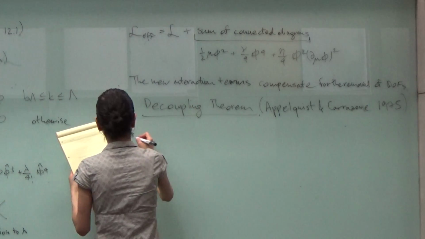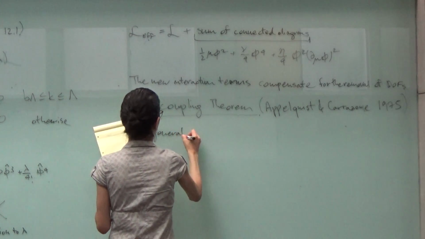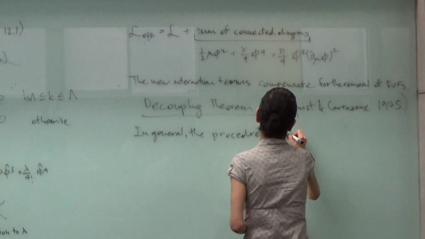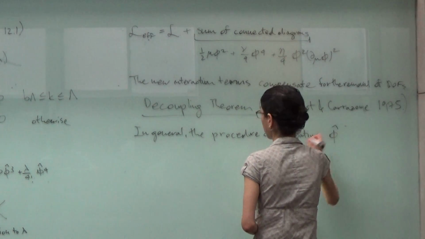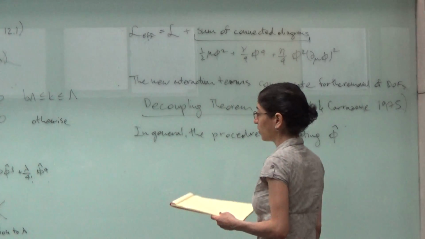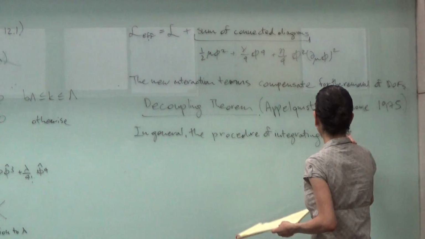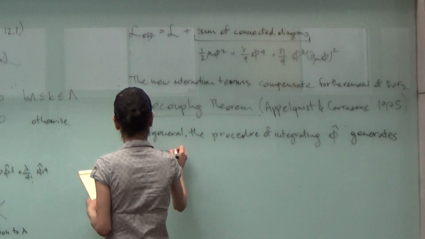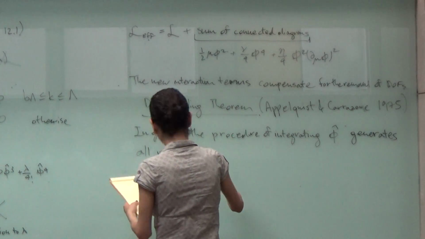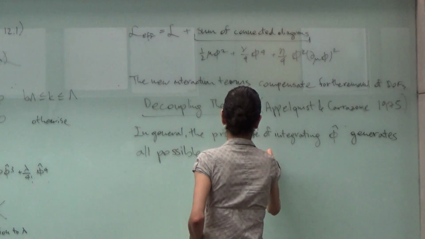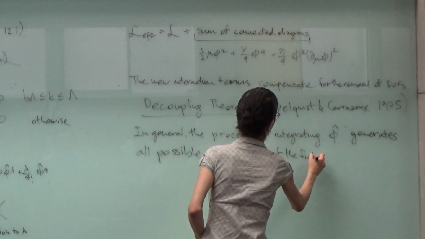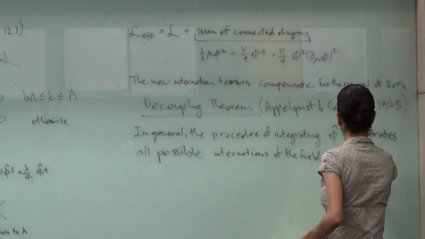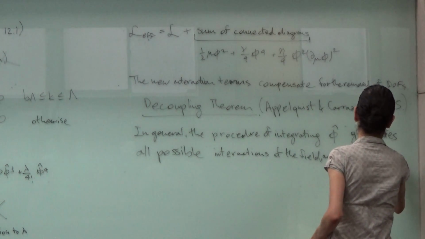So the decoupling theorem tells us that in general, the procedure of integrating out, in our case, whatever high momentum degree of freedom we want to remove from the problem, generates all possible interactions of the fields allowed by symmetries, and the derivatives, allowed by symmetries.